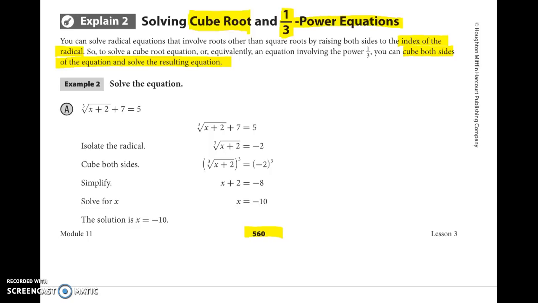And so our steps for this are going to be 1, isolate the radical. And so right here I have a radical and then I have a +7. So I'm going to subtract 7 from both sides and I get -2. And then once you isolate the radical, you're going to cube both sides.